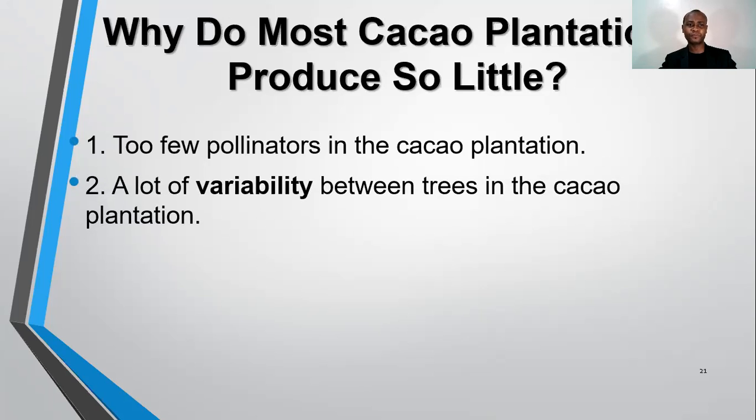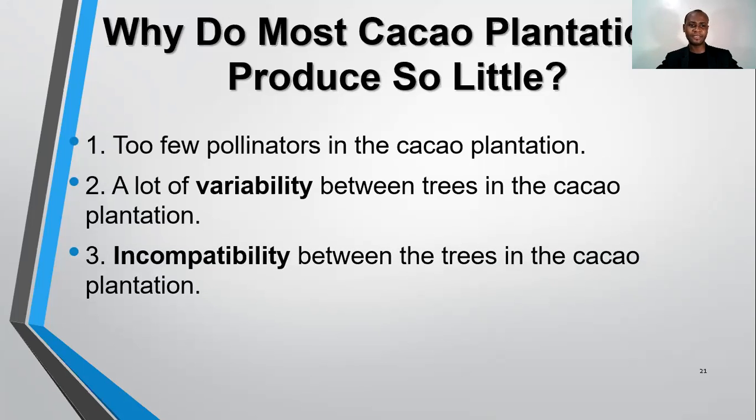Number two, a lot of variability between trees on the cacao plantation. Number three, incompatibility between the trees on the cacao plantation.